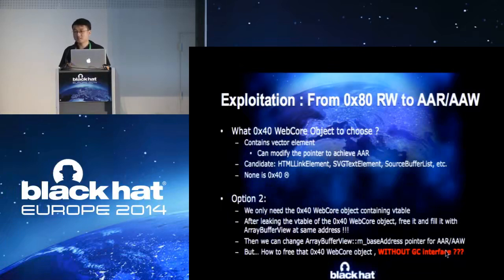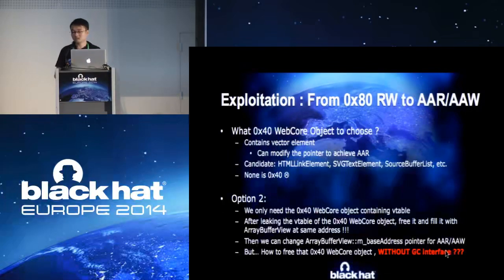A typical case is that you need an object containing a vtable as well as a vector element, so that you can put a pointer to that vector to achieve the AAR. Good candidates, for example, are HTMLLinkElement, SVGTextElement, and SourceBufferList, etc. But none of them is 0x40, so that's not a good option.